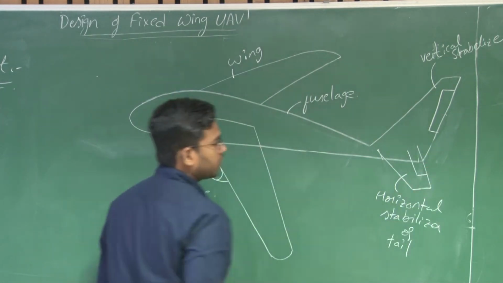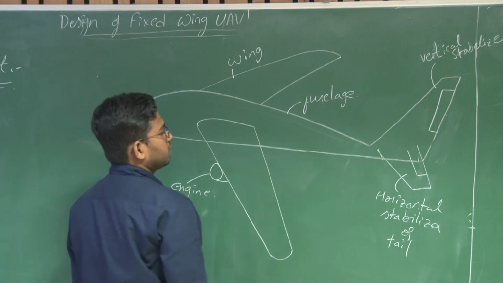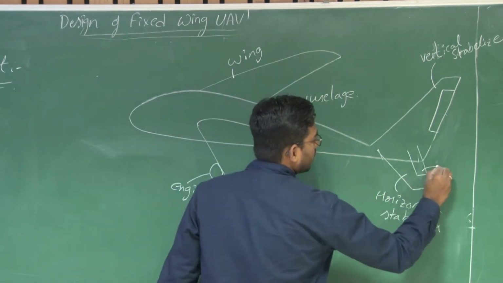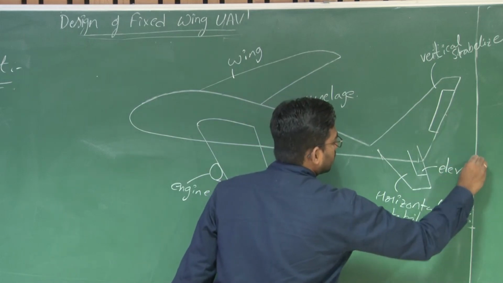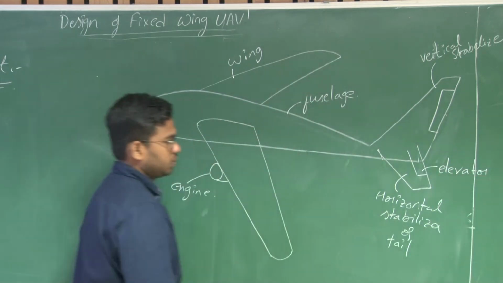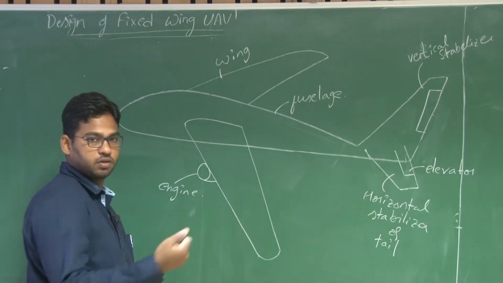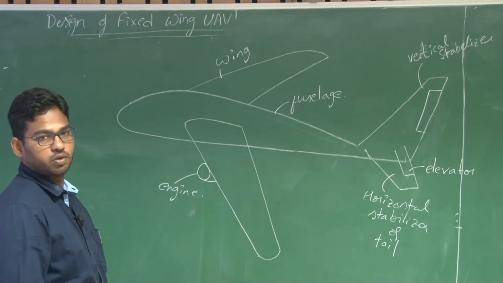We have something on the horizontal tail called the elevator. It's a moving surface which helps to control the nose up and nose down motion.